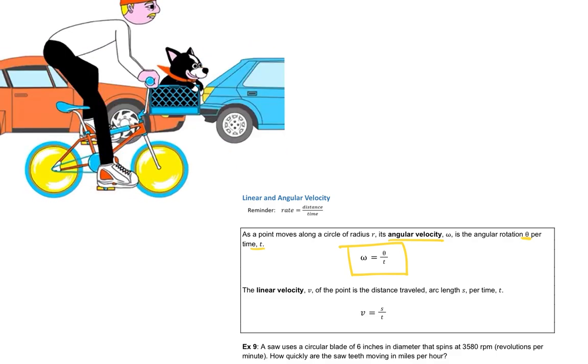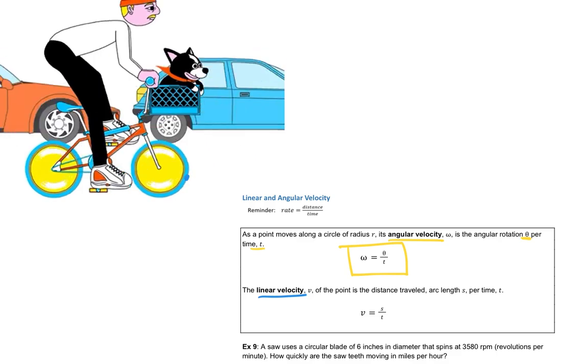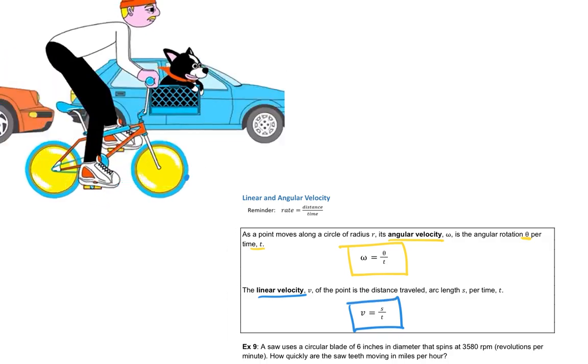Now linear velocity would be along the edge of the wheel, how much that's traveling along the circumference. So that's the arc length, how the arc length is changing over time. That is our linear velocity.